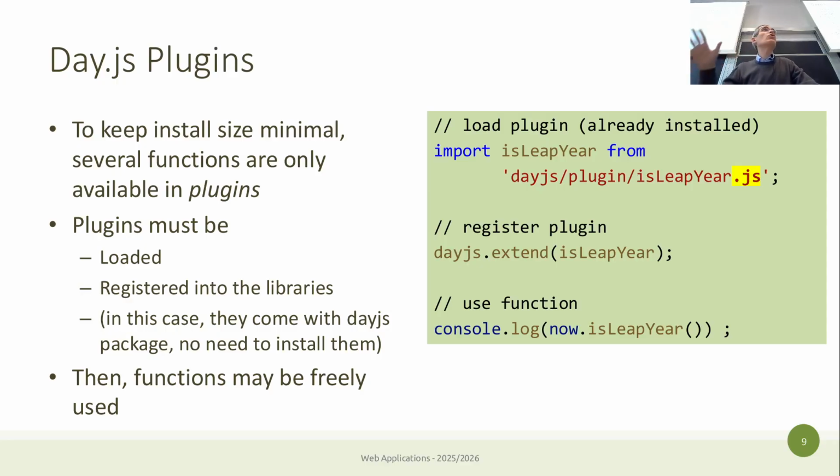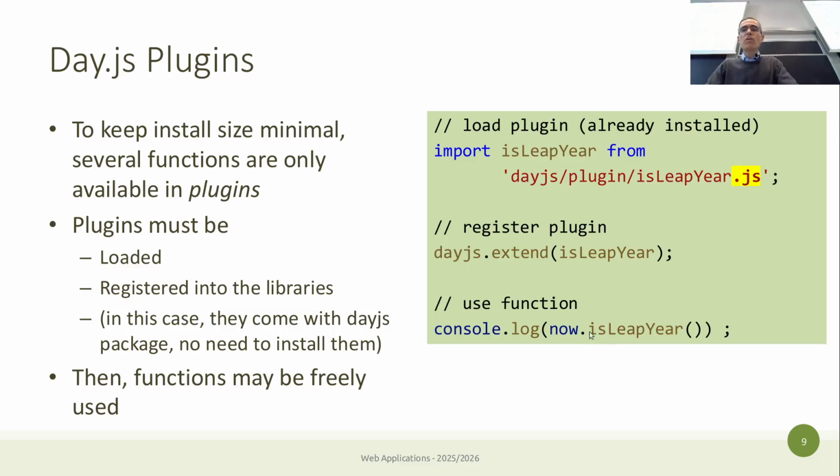So you need to import them manually. How? As we just saw before with the modules. Import from the plugin file, lib_here.js. And then you need to tell dayjs that you imported the plugin. That's the way in which they design the dayjs library.